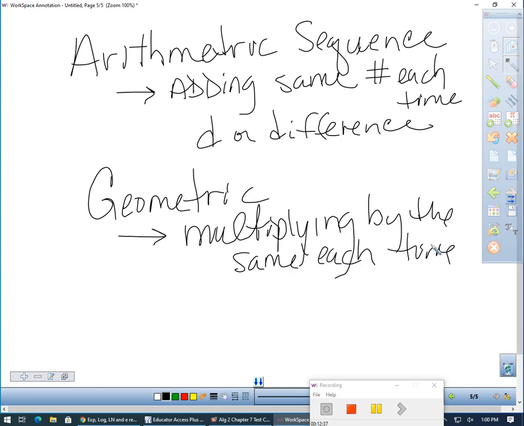Now, because I know you guys, I'm going to give you the formula for each, because that's what most of you like to work with. For an arithmetic one, my formula to find anything in there is a sub n equals a sub 1 plus, in parentheses, n minus 1 times d.